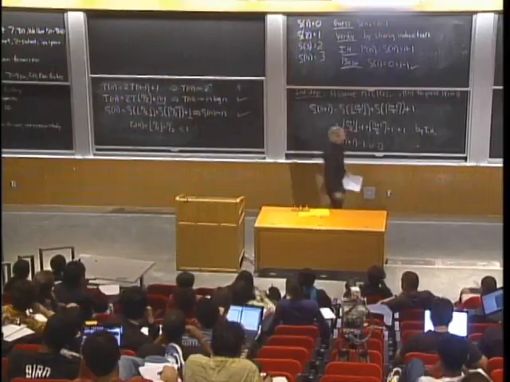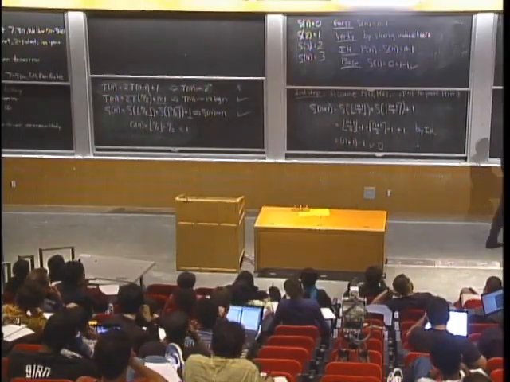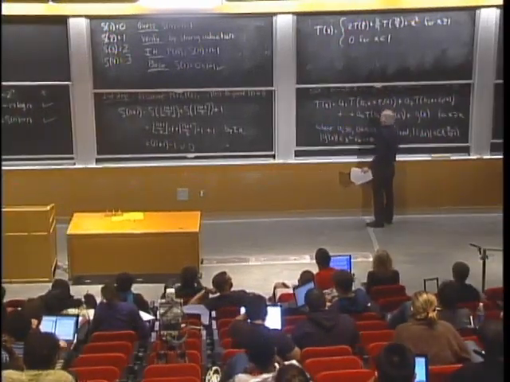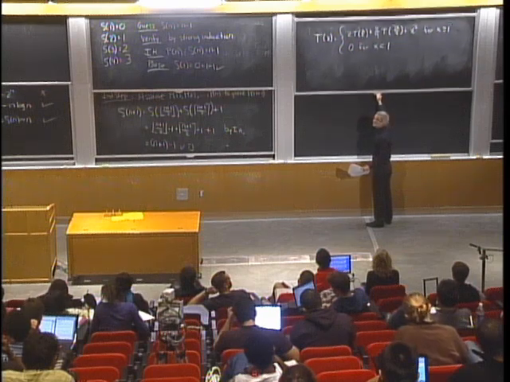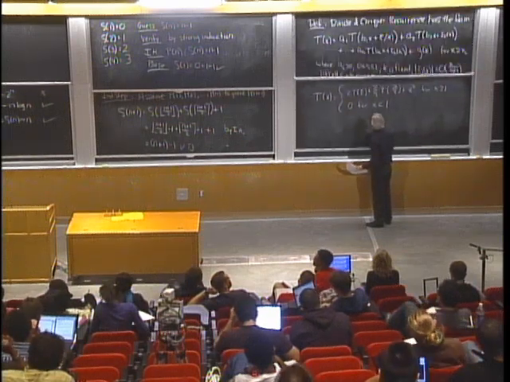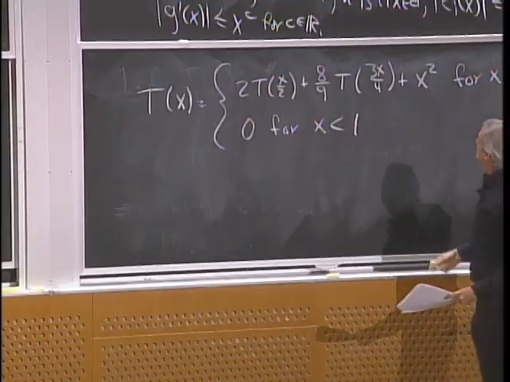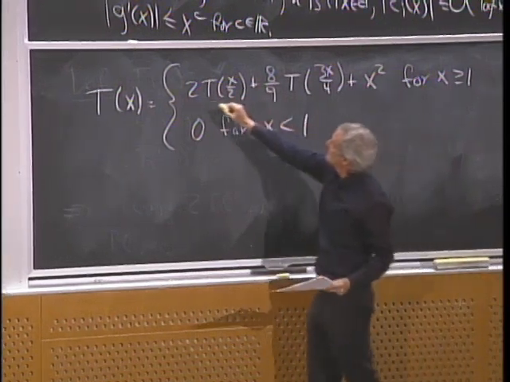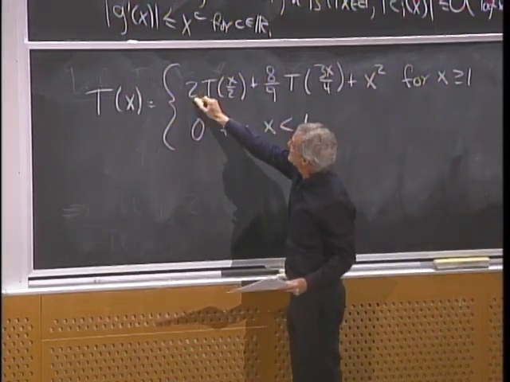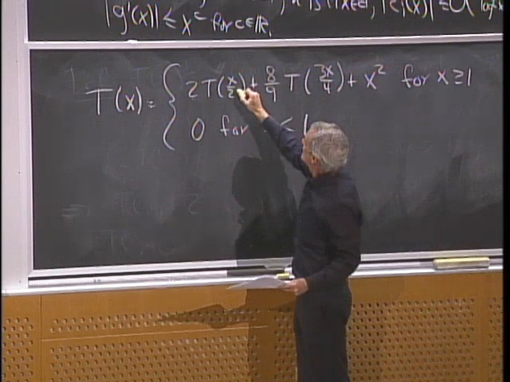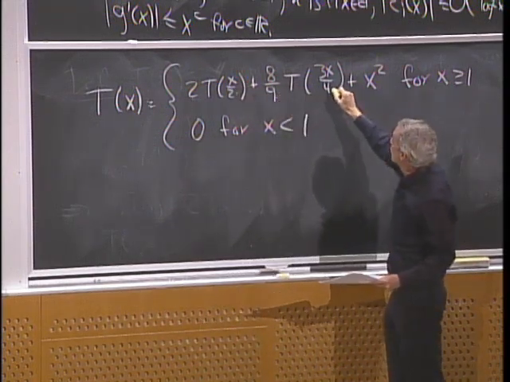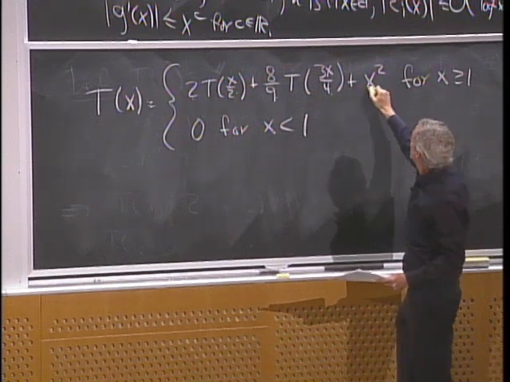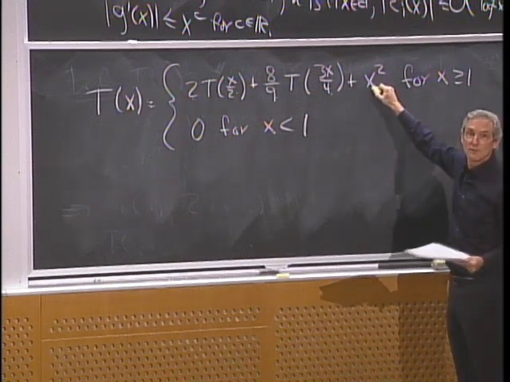What about, let's see, we should check that this thing qualifies. Well, I've got 2 constant, a1, T of half x, that's OK. 8/9, T of 3/4 x, that's OK. My g function is a polynomial. The derivative is 2x.